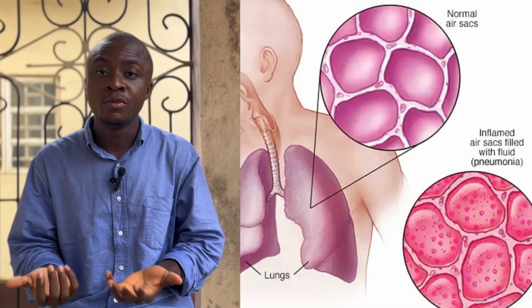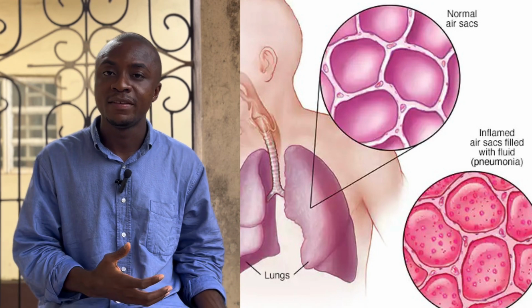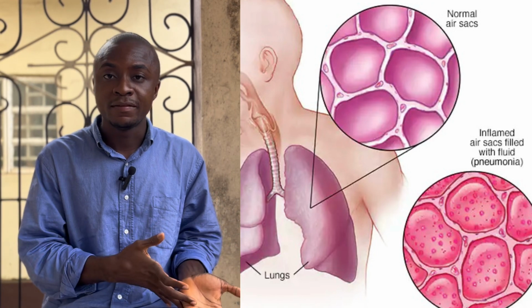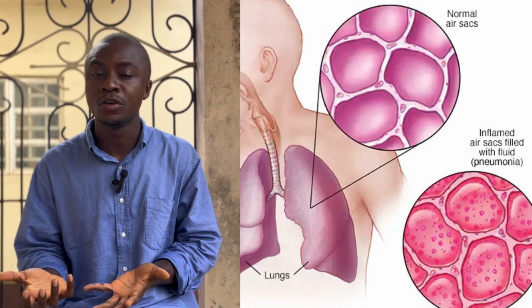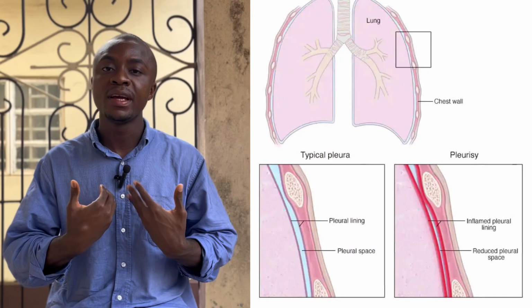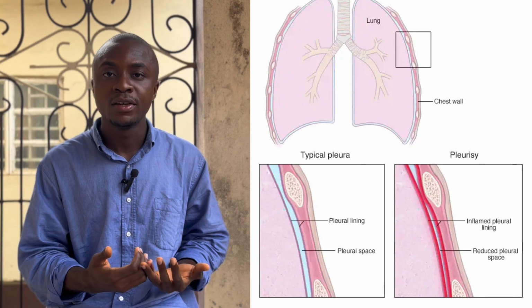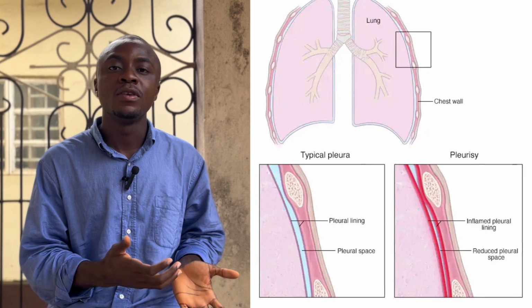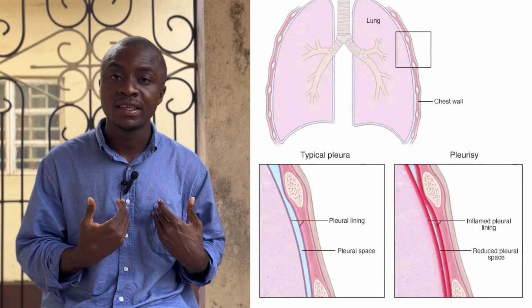For example, pneumonia could be a viral or bacterial infection that infects the lung itself, and we all know the functional unit of the lung is the alveolus. If the lung is inflamed, then the membrane that lines the lung can also be affected. That can lead to inflammation of these serous membranes, the visceral and the parietal.